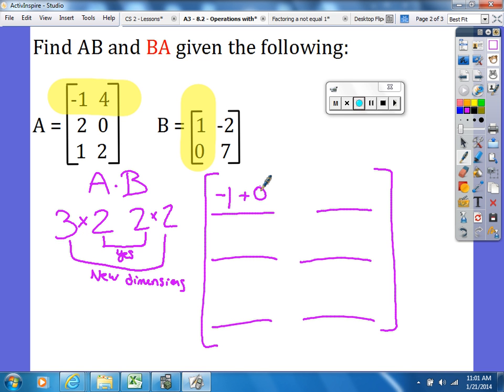So far, okay? I like to follow a pattern. So I'm just going to go down to the next one down. Does that make sense? So what is 2 times 1? What is 0 times 0? So now go down and fill in the bottom one for me.